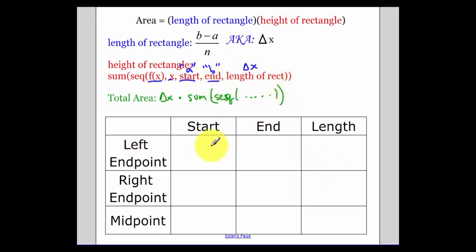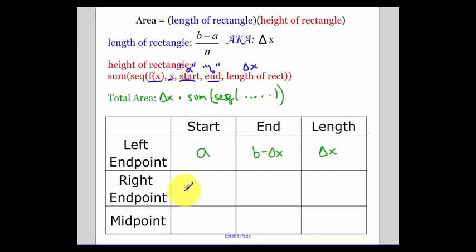Okay, left endpoint. Your length is always delta x. Remember, left endpoint, you're starting at the leftmost point, so you're starting at a. Your endpoint is b minus delta x, because I don't end at b. I'm doing the left endpoint of that last rectangle, so that's how we get that.